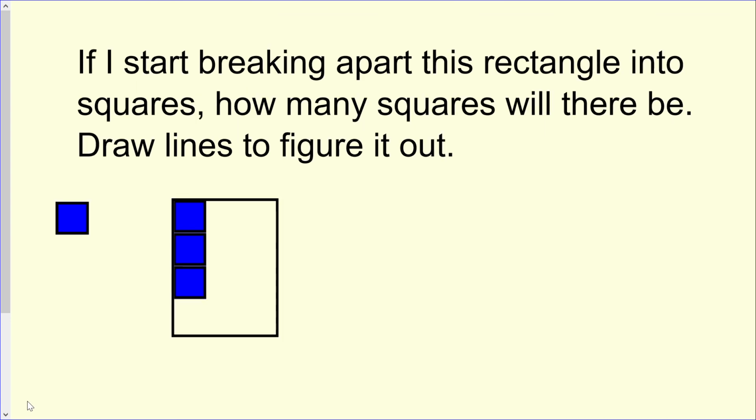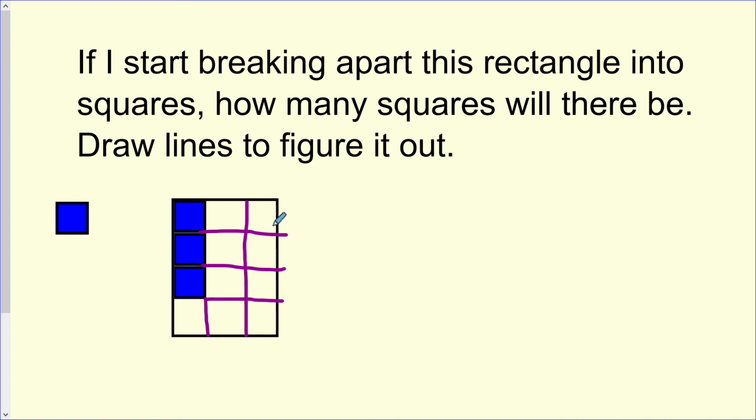Okay, so if I start breaking apart this rectangle of squares, how many squares will there be? I'm going to draw lines this time to figure it out, so we're going to do a little visualization. So if I were to extend these rows, it looks like I would need to draw a line there, then I can see, oh, how many squares could I divide this into?